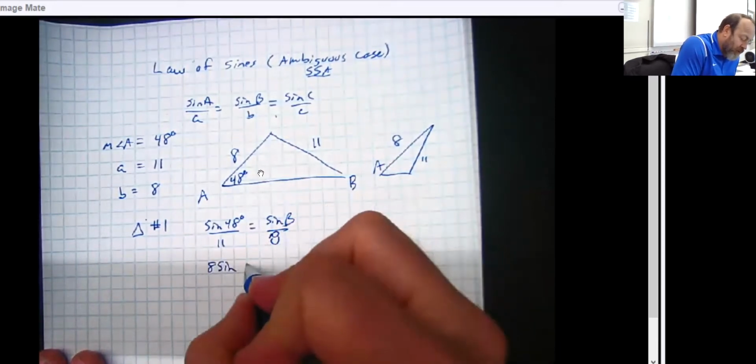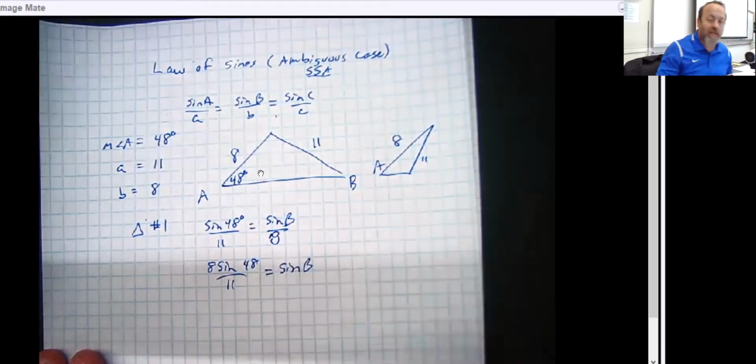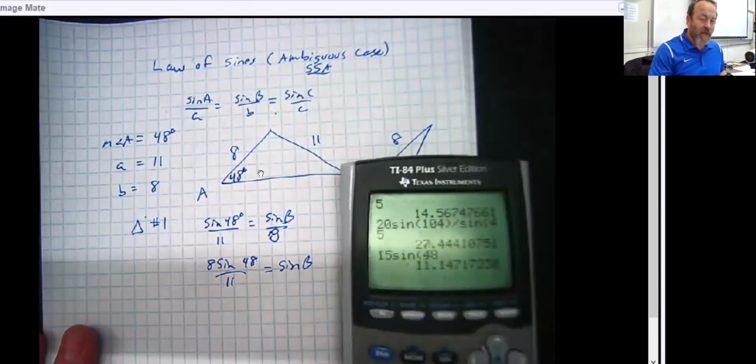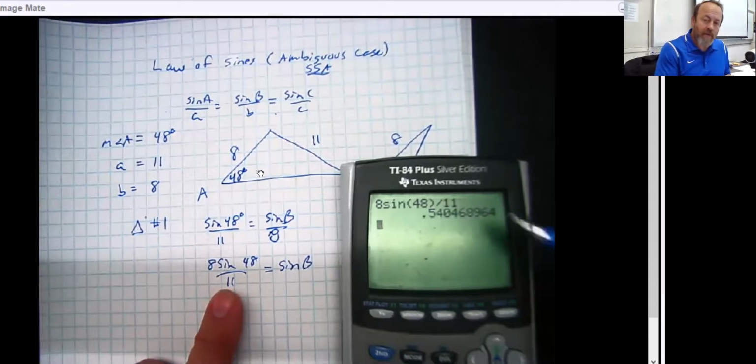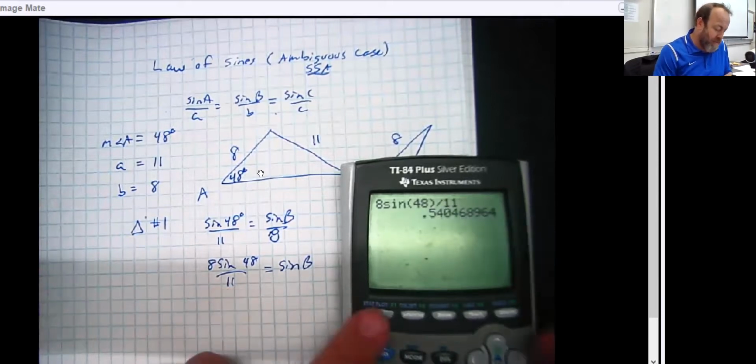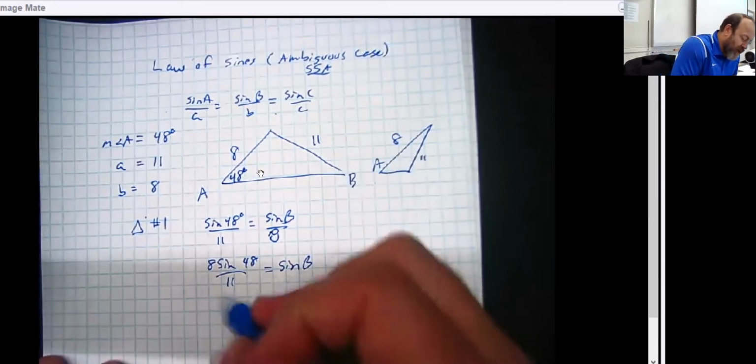I'm just going to multiply both sides by 8, because that leaves the sine of B sitting all by itself, which is really all I needed. So 8 sine of 48 divided by 11. Right now I have that the sine of B is this number. So I'm going to take the inverse sine, and I got that B is 32.7 degrees.